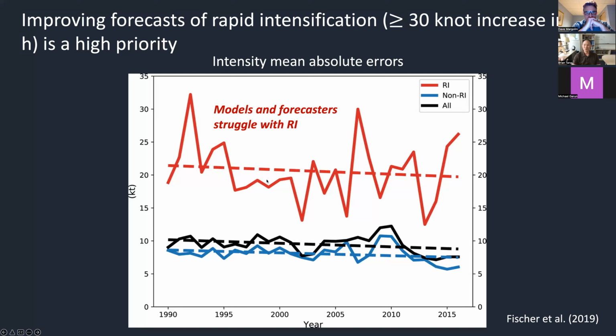Models and forecasters really struggle with the prediction of rapid intensification. So this represents another challenge where there's been a lot of focus over the last decade or so, and remains a challenge going forward.